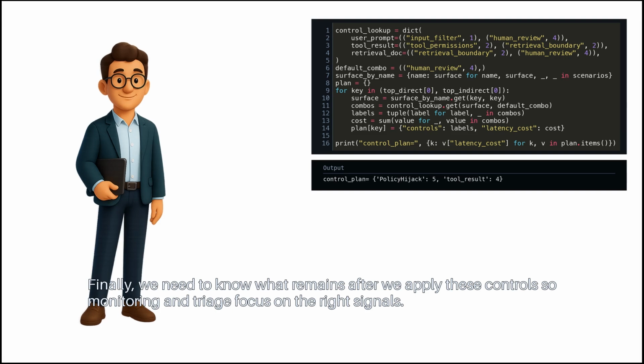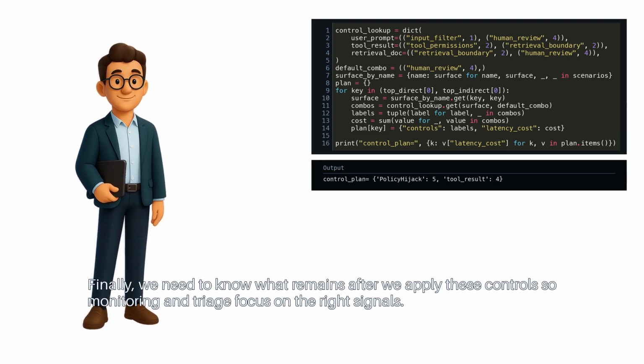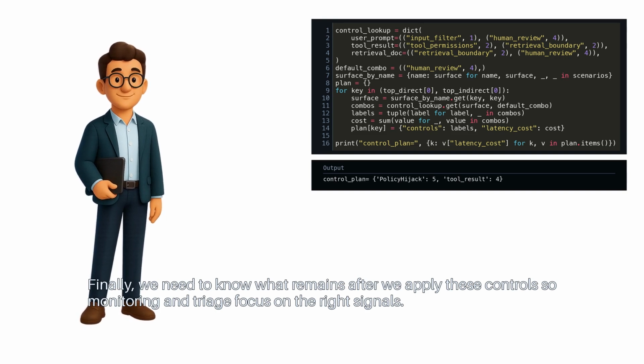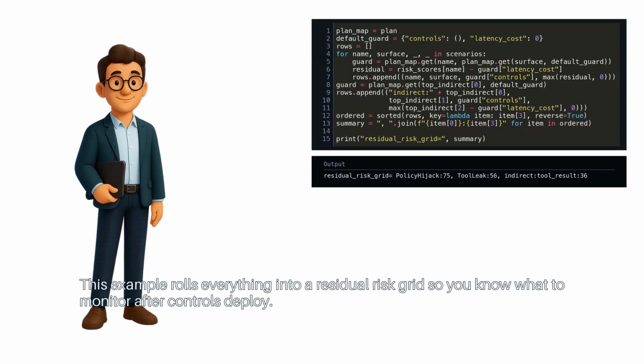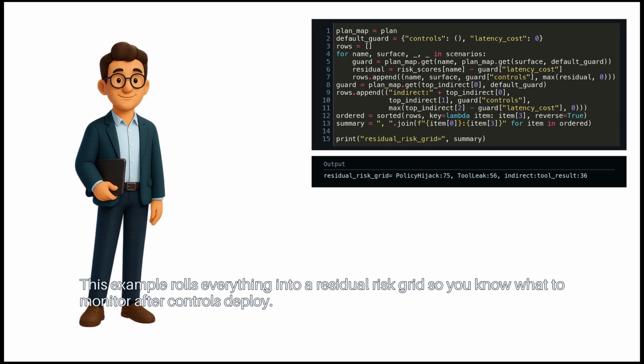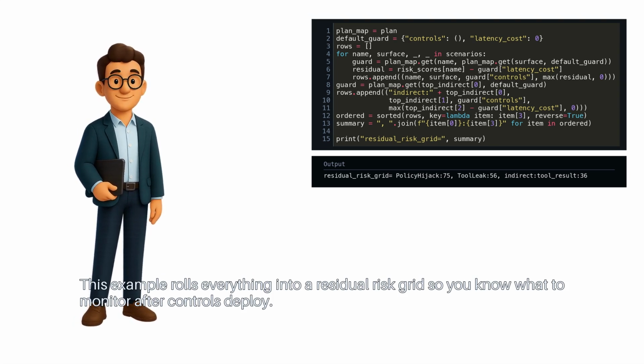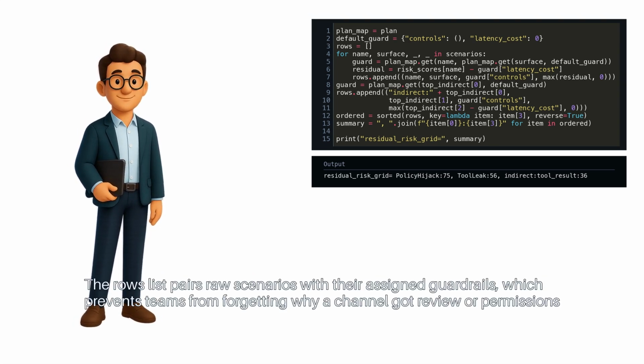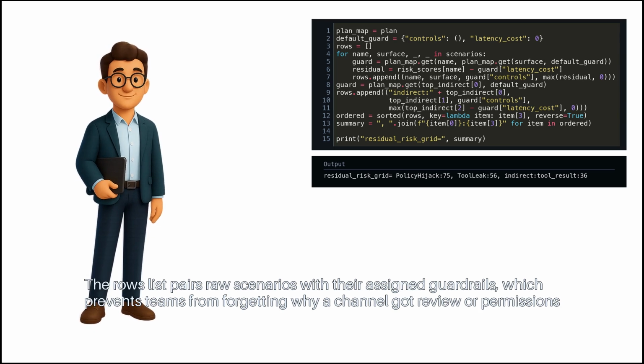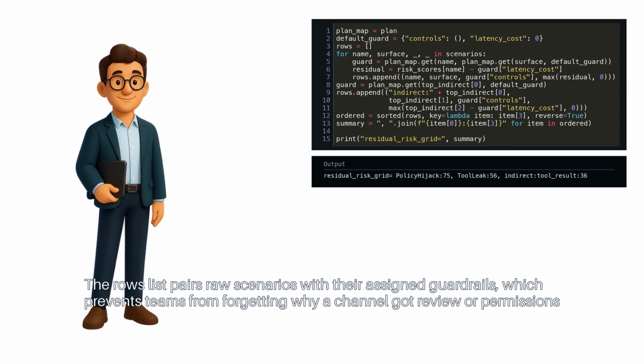Finally, we need to know what remains after we apply these controls, so monitoring and triage focus on the right signals. This example rolls everything into a residual risk grid so you know what to monitor after controls deploy. The rows list pairs raw scenarios with their assigned guardrails, which prevents teams from forgetting why a channel got review or permissions limits.